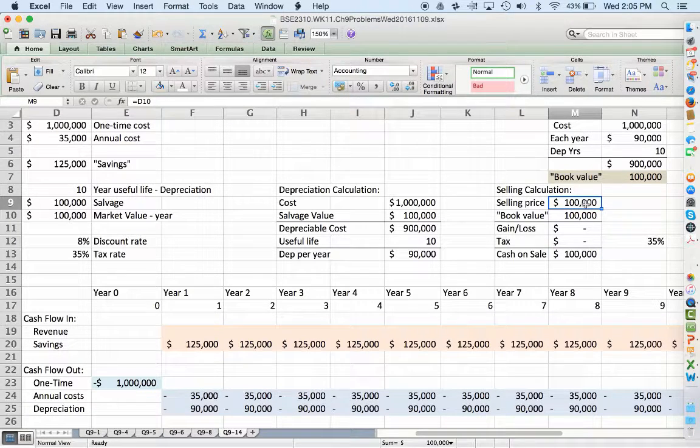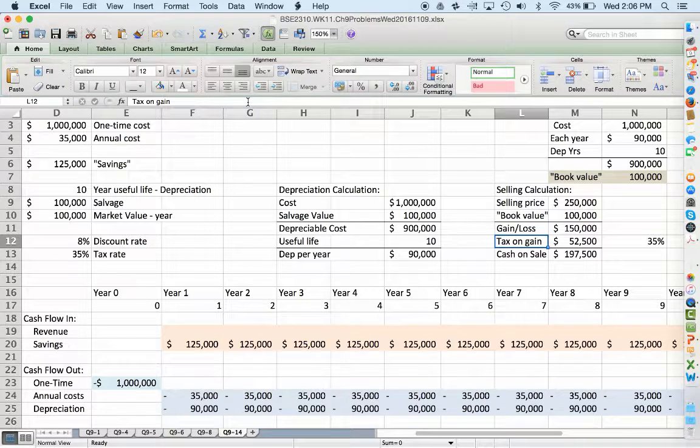I'd have to pay $52,000 in tax on the gain, right? So the tax is on the gain, and then the cash on the sale is the selling price less the tax.